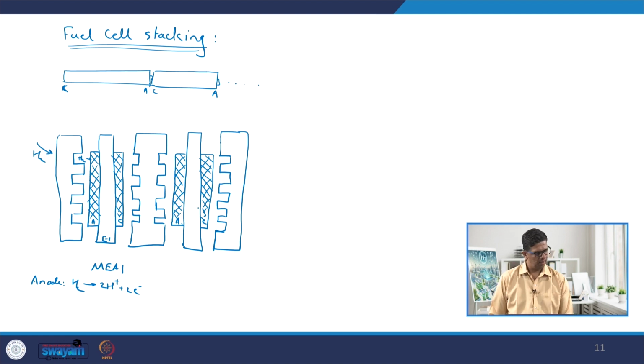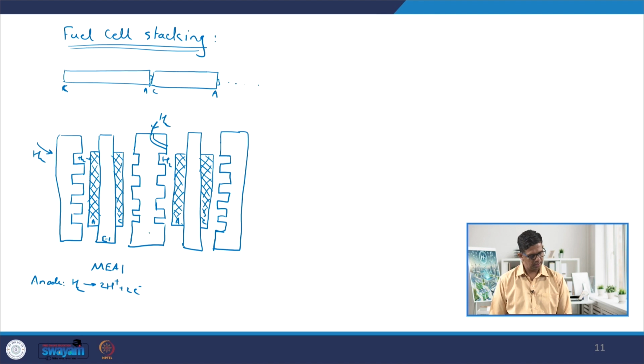What happens is we supply hydrogen to the first cell, and on the anodic side we also need to supply hydrogen to the anode of the second cell. So, somehow, this is hydrogen which is basically the input to the anode of the second cell.